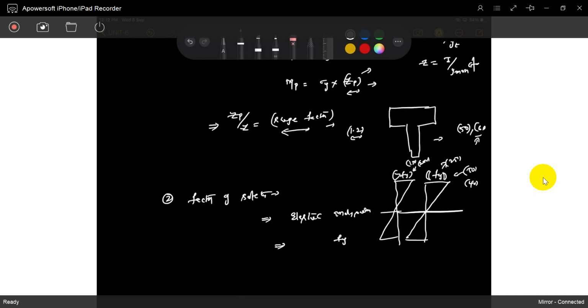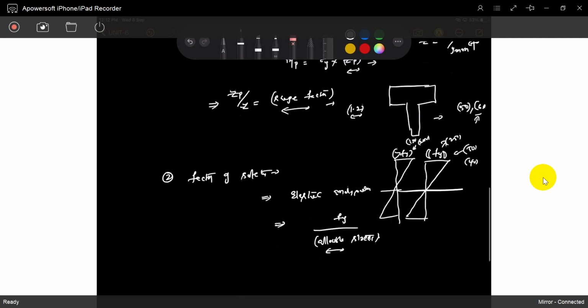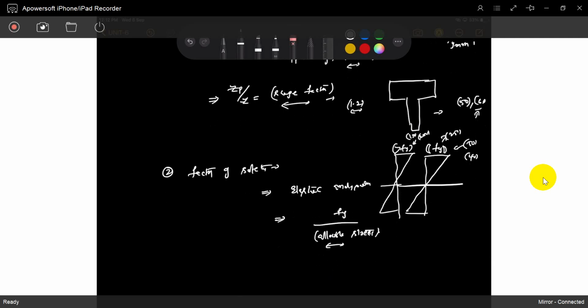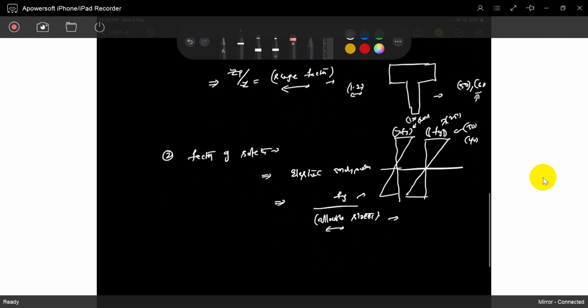We won't design up to Fy because it is the capacity of the section, the full elastic capacity, not the plastic capacity. So Fy is divided to get the allowable stress. We allow only a certain part. That is called factor of safety.